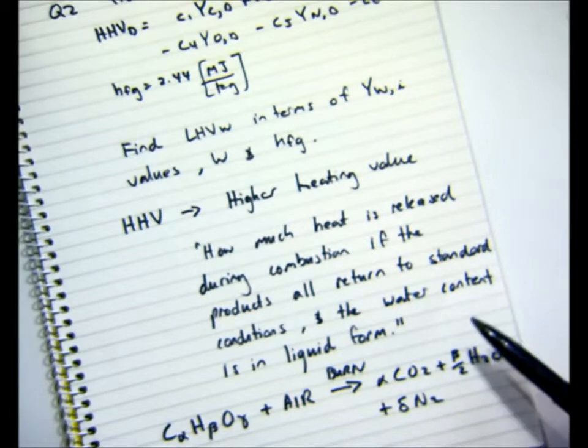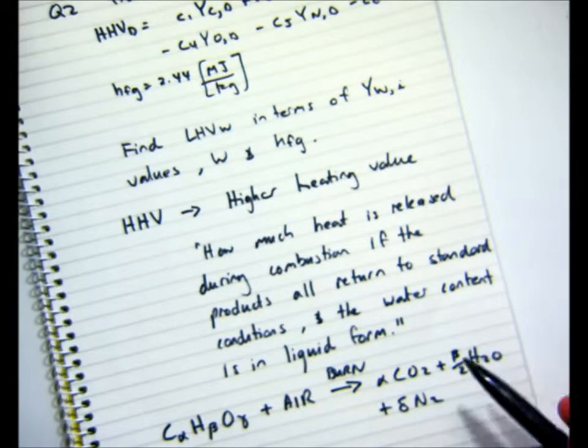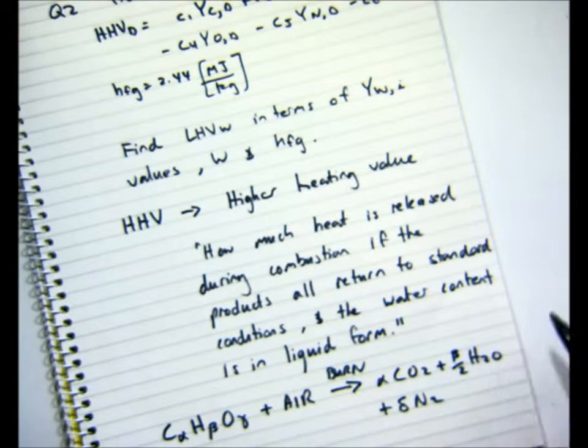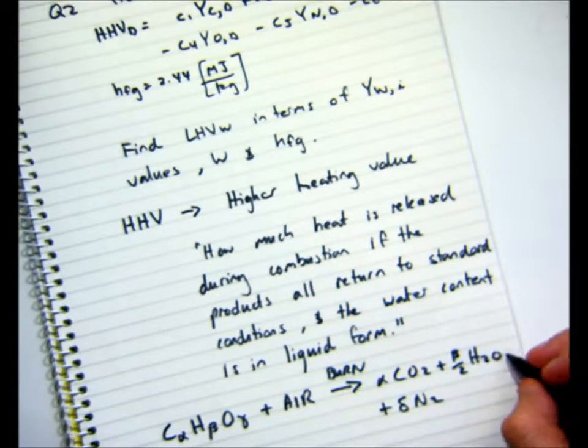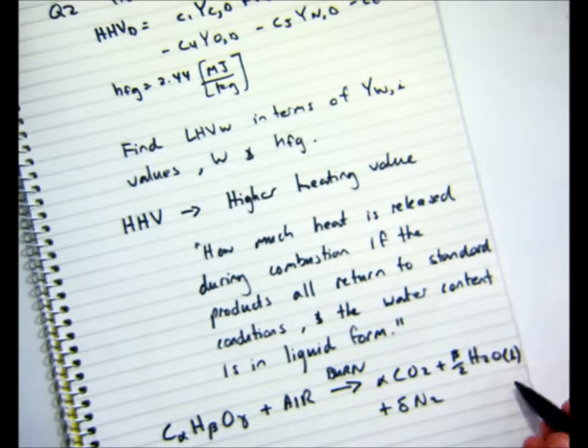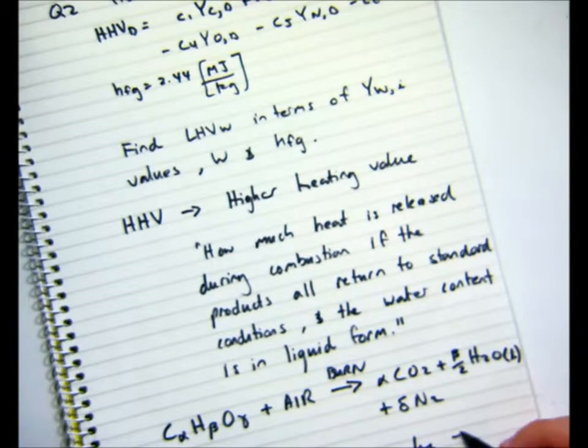So the difference between HHV and LHV is that for HHV, the water is in liquid form. For LHV, which is lower heating value, you get the H2O in vapor form.